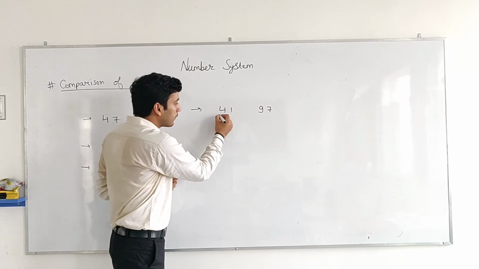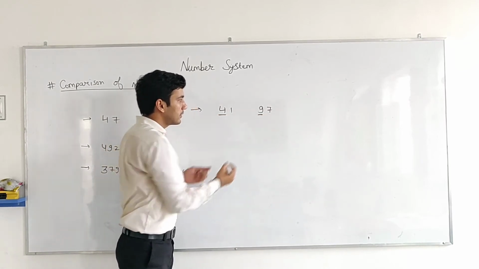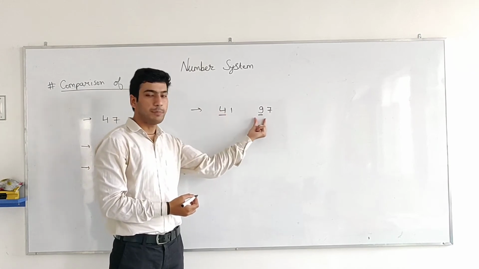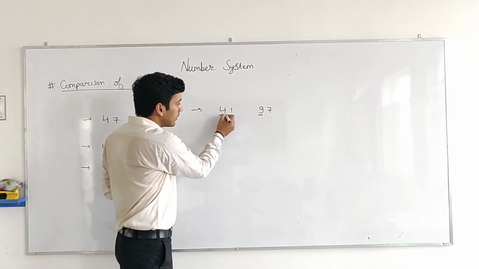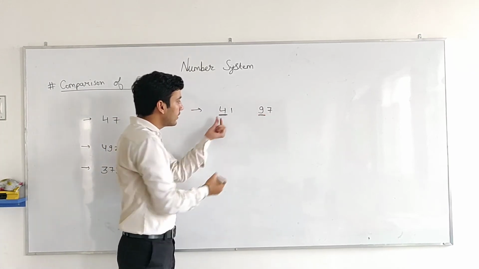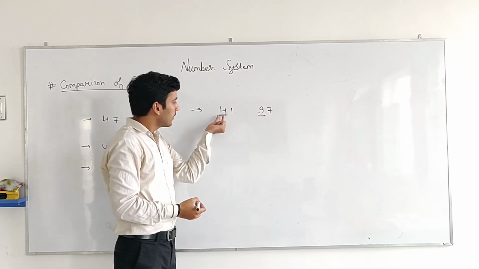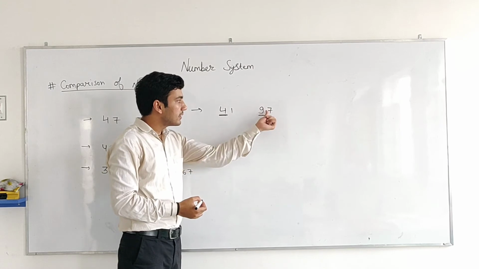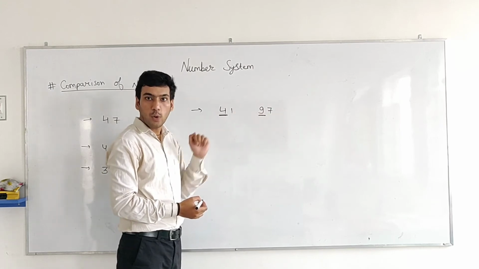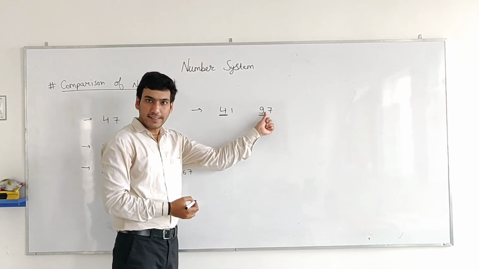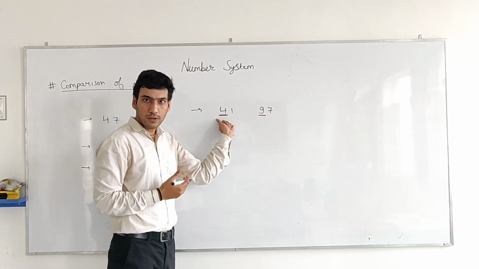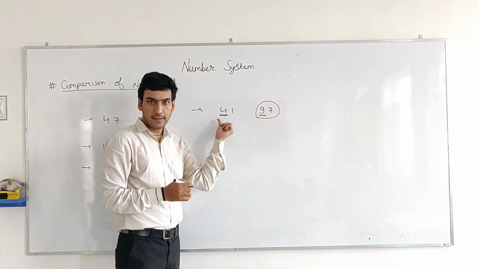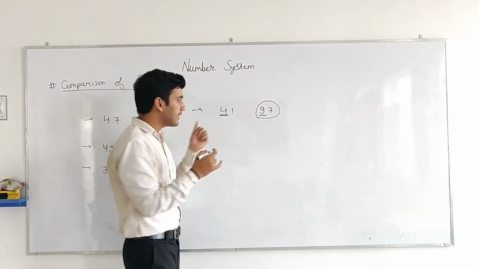You have to start from the leftmost digit. The digit on the leftmost side is where you start the comparison. On this place, the digit is 4 and on this, the digit is 9, and you all know that 9 is greater than 4. So this number is greater than this number. Another example.